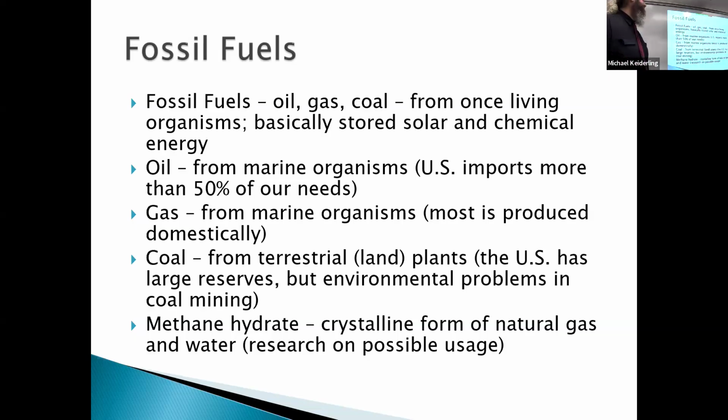Coal comes from terrestrial land plants. The US has large reserves, but there are environmental problems with coal mining. And there's methane hydrate, which is a crystalline form of natural gas and water. There's some research on possible usage as a power source, but most of the research at this point is to make sure it doesn't spontaneously get released, because that would be bad.